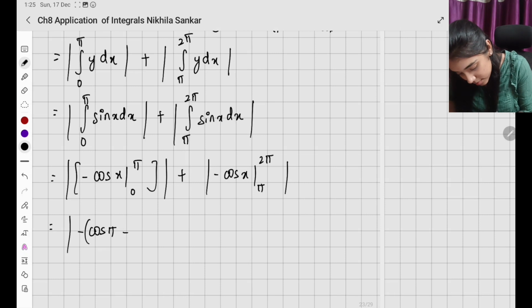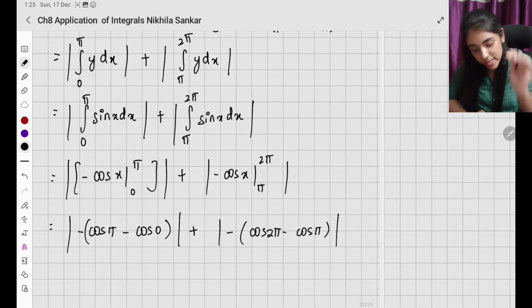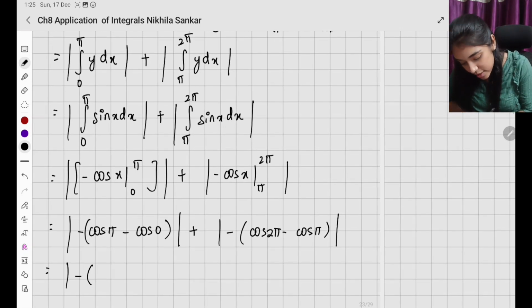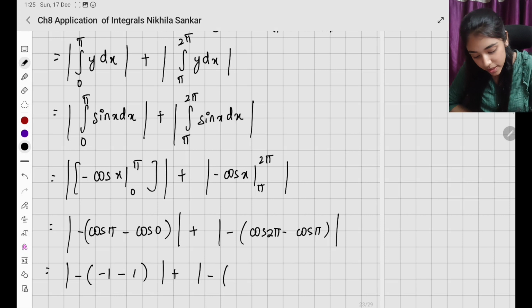So inside the absolute value, it is upper limit minus lower limit, so cos 0 minus cos pi, plus, the minus stays as it is, cos 2 pi minus cos pi. Now I have minus of cos pi, which is minus 1, minus cos 0, which is 1, plus minus of cos 2 pi, which is 1, minus cos pi, which is minus 1.